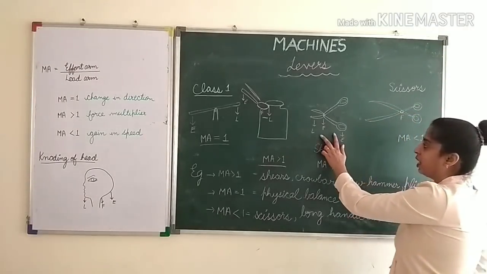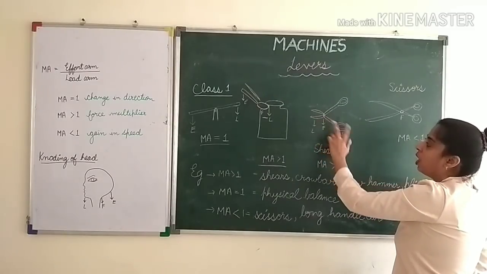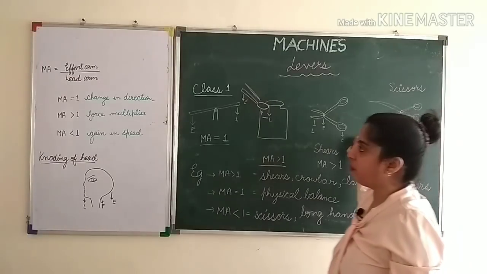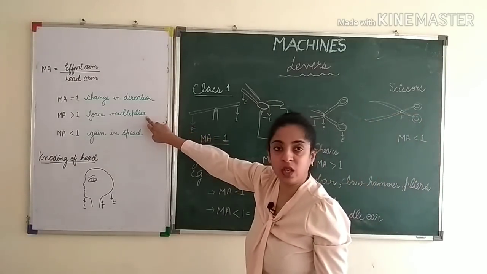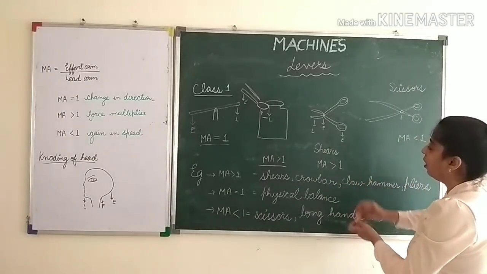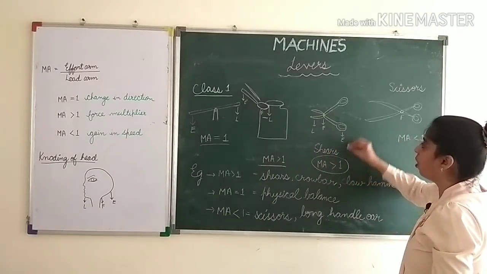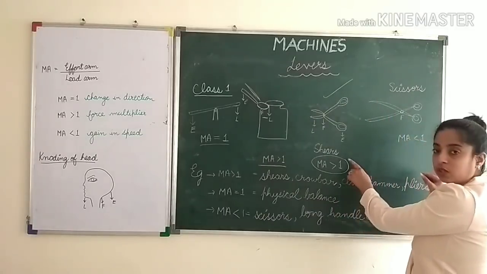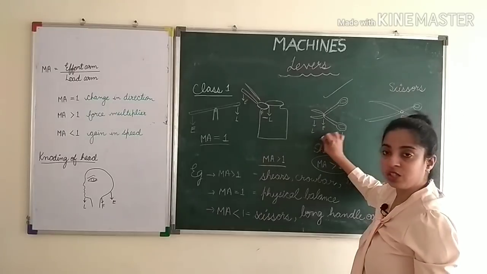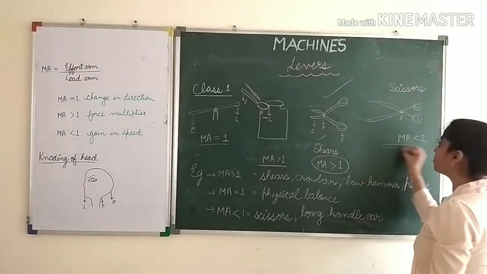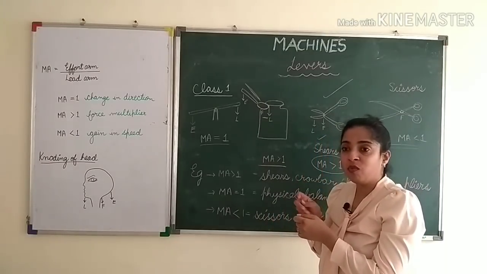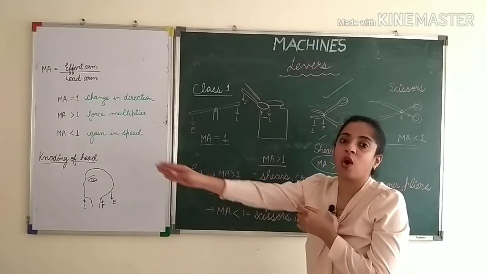So in this case the load arm is smaller and the effort arm is more. Okay, so if the effort arm is more, mechanical advantage is more than 1 and it acts as a force multiplier. So in shears, mechanical advantage is more than one because we want more force. We want to cut some metal piece or some wire, so there shears is used. Now in case of scissors, we want to apply less effort and we want the load to move a longer distance.